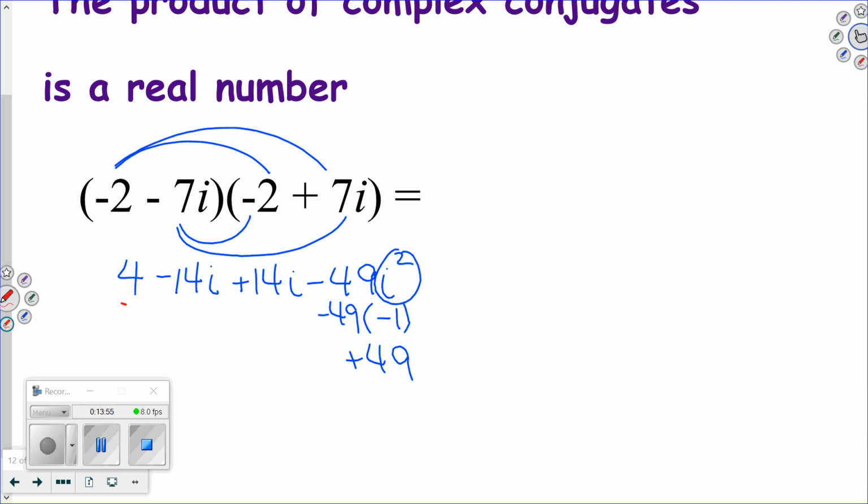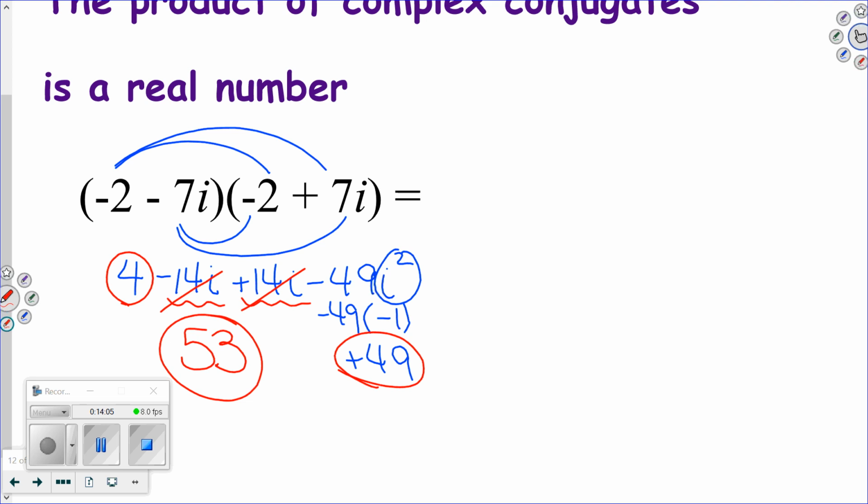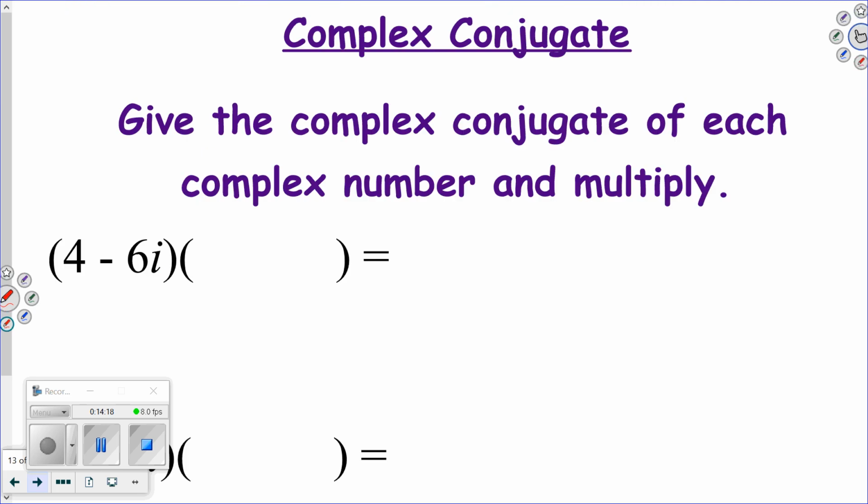All right, so then we have 4 plus 49 is 53. And then the imaginaries on the inside are going to cancel out. So it's just 53. So which sign changes to make a conjugate? The middle sign, just the middle sign.